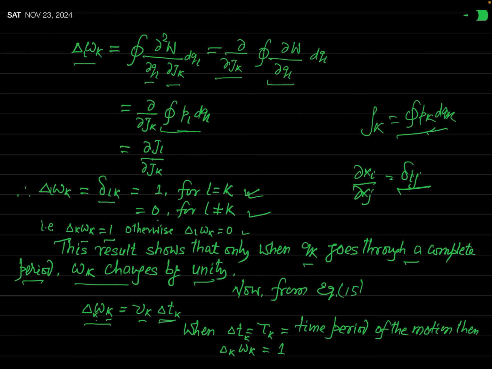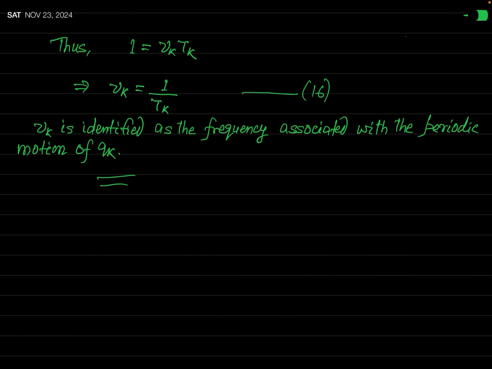Now let us substitute these two values in this result, and then you will see that 1 is equal to nu k times tau k, and therefore nu k is equal to 1 over tau k. This is obvious. If tau k is the time period of this periodic motion, and nu k is its frequency, this frequency is just the reciprocal of the time period. This is a well-known result.